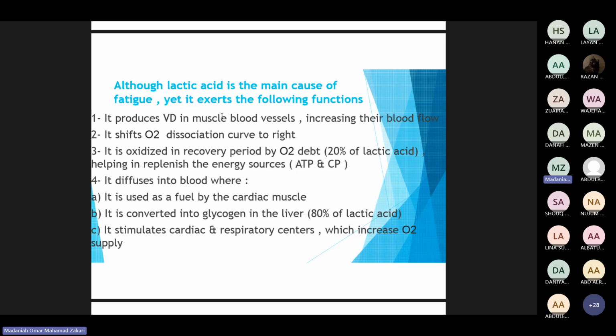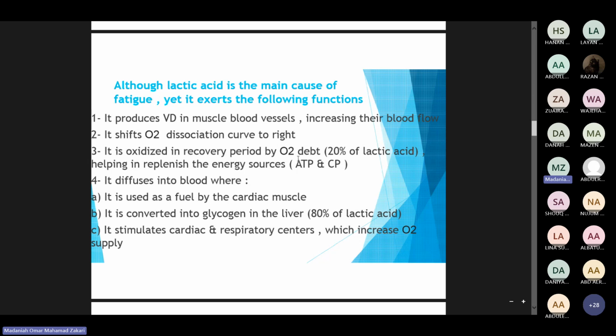This is important, we need vasodilatation during exercise for the muscle. It also shifts the oxygen dissociation curve to the right, if you remember, when we need more oxygen, so we give oxygen to the tissue. And it is oxidized also in the recovery period.